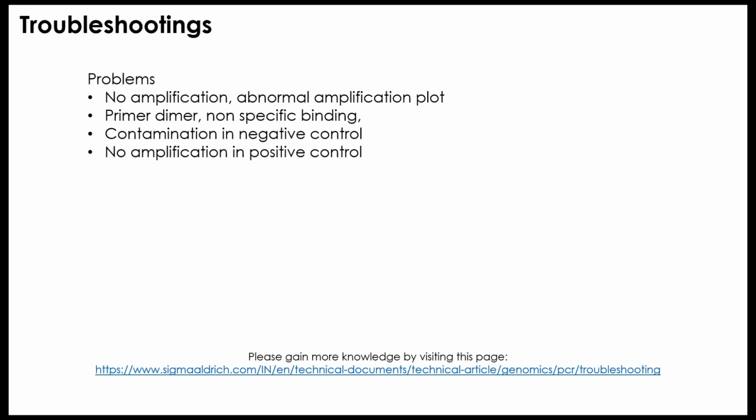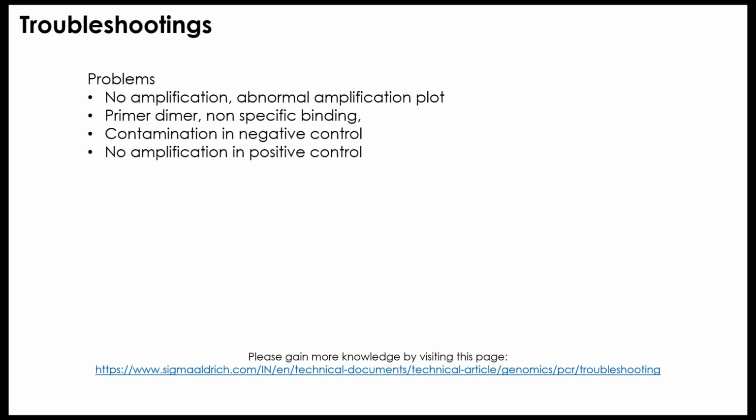If you are not handling your tips, pipettes, plates, tubes, everything properly, then there is a possibility that the negative control gets contaminated, either with contaminated reagents or because you mistakenly put DNA in there. So those things you have to check. In the positive control, if there is no amplification, it could be that the positive control template is degraded, or you have forgotten to add the primer or the template itself, right?